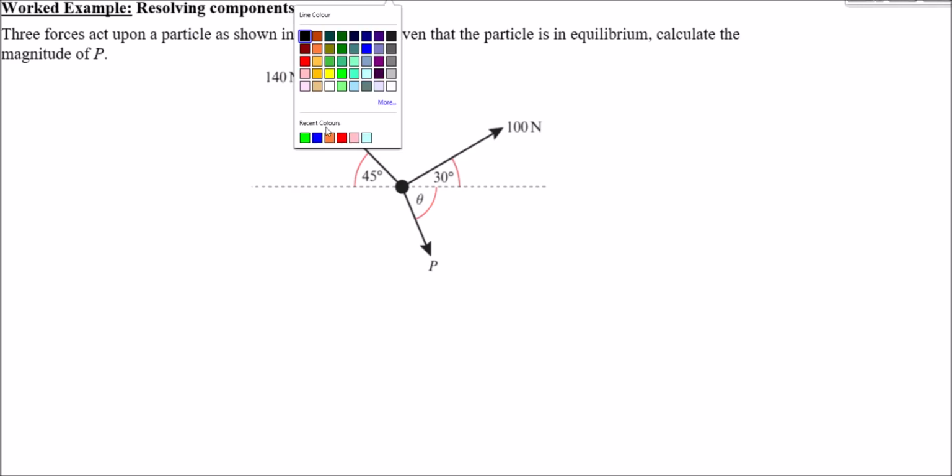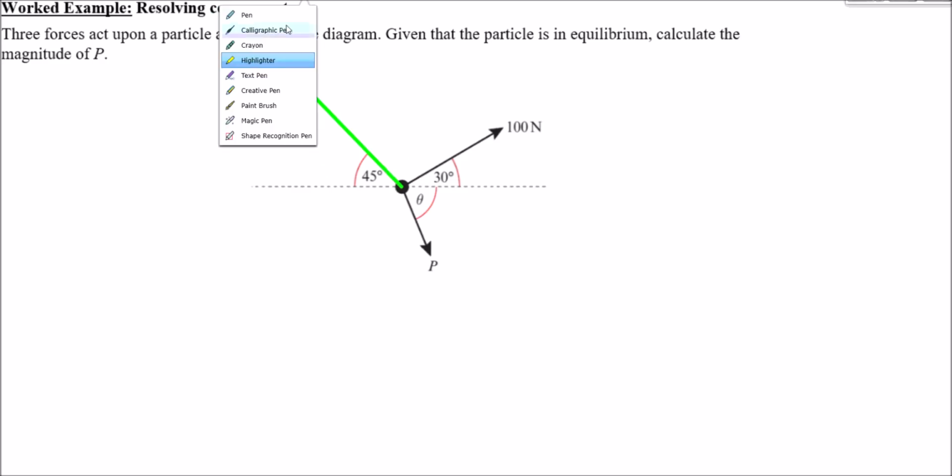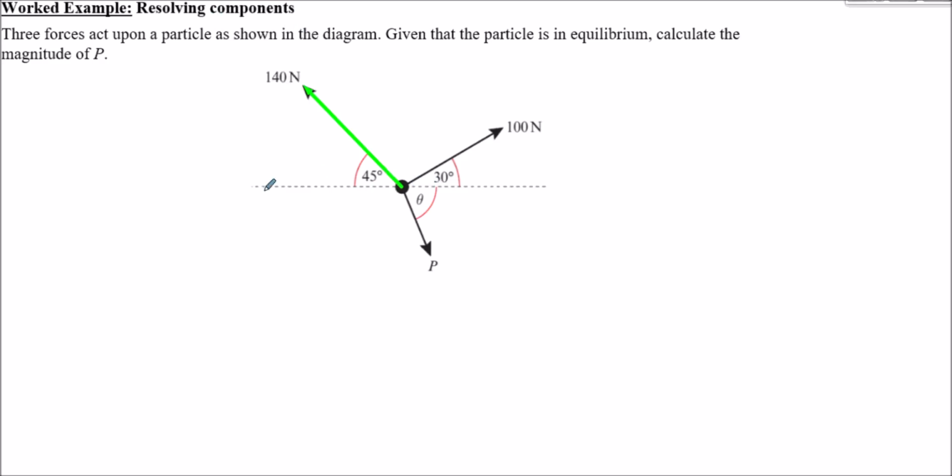So first off, I'm just going to colour code these different lines. So if I go for 140 newtons in green, then going this way, going to the left, we're going to have a force of 140 cos 45 when we resolve.